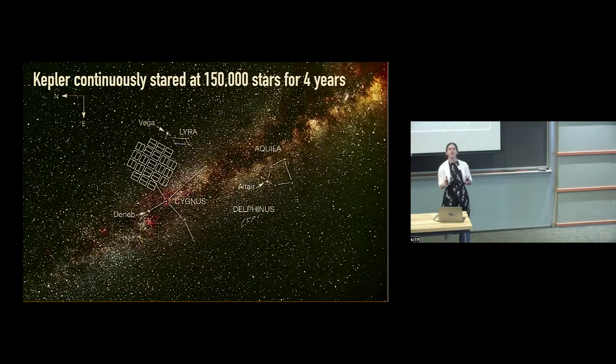Now, the secret to Kepler's sensitivity to Earth analogs was its survey design. Kepler continuously stared at 150,000 stars in this lovely patch of the Milky Way for 4 years. And by staring without blinking at them, it was sensitive to the transits of Earth-like planets, which have an orbital period of a year, and could perhaps capture 3 or maybe 4 such transits for Earth analogs, enabling planet detection.